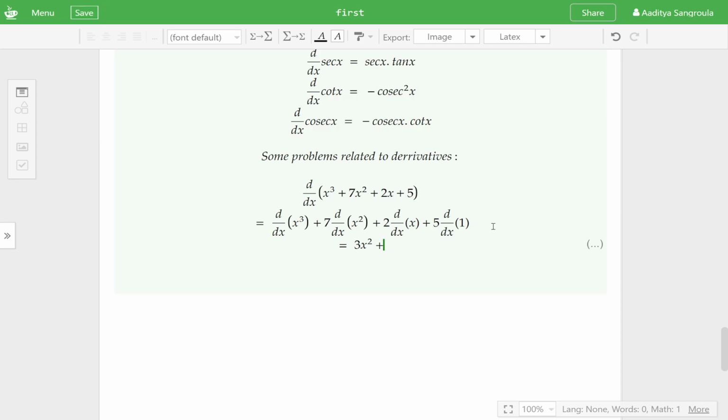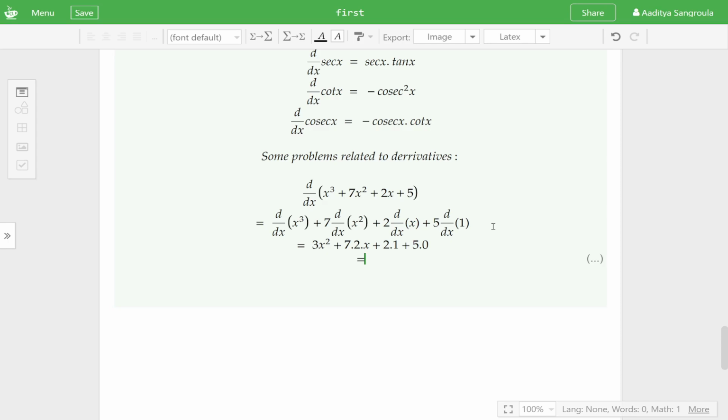Now plus, we get 7 times 2, because that's n, times x raised to the power n minus 1, which is just x to the power 1, plus 2 times the derivative of x, which is 1, plus 5 times the derivative of 1, which is a constant, 0.